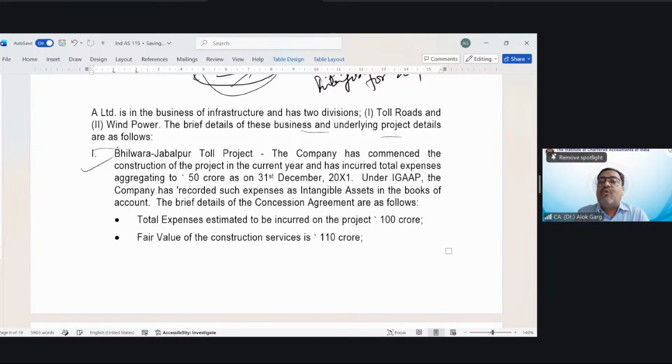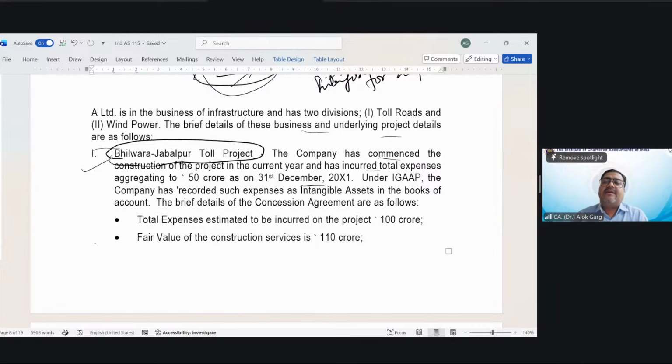Bhilwara Jabalpur toll project. The company has commenced the construction of the project in the current year and has incurred total expense aggregating to 50 crore as on 31st December 20x1. On this Bhilwara Jabalpur toll project, the company has commenced the construction. Construction phase, construction period, operation and maintenance period.